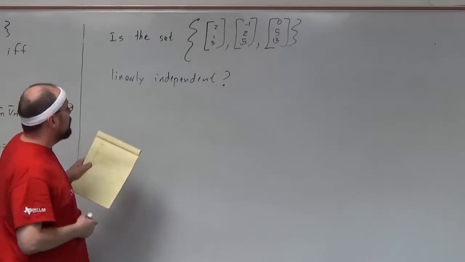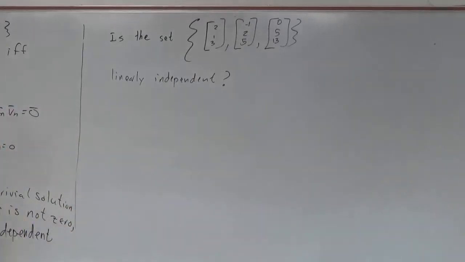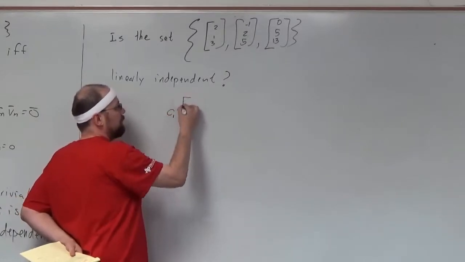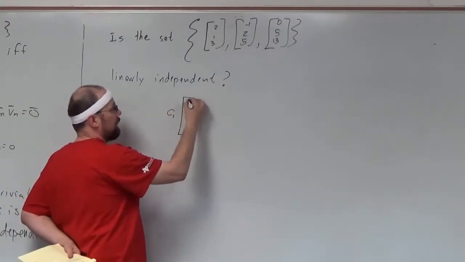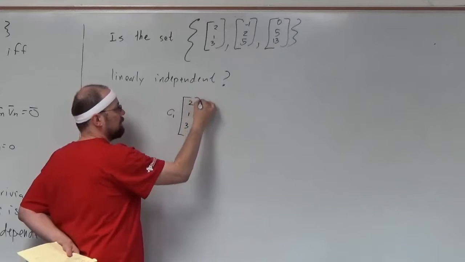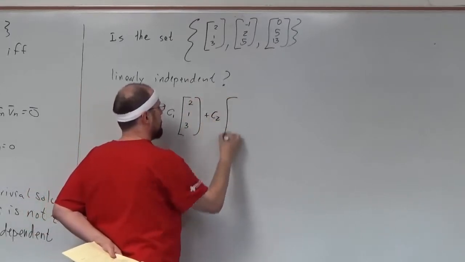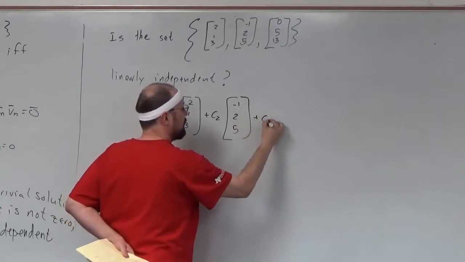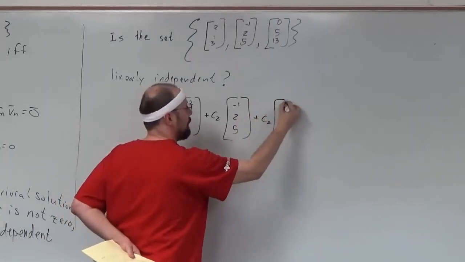But formally, what would we do? Using the computational definition, we'd set up an equation where we have a combination of these vectors, and we set it equal to the 0 vector, so we have this homogeneous equation.